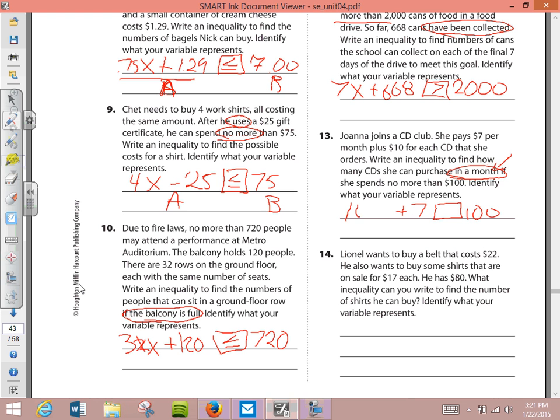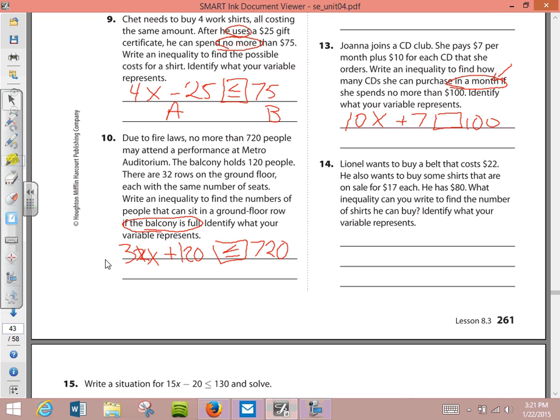So that'll be $10 times X. What is X? Yeah, the number of CDs she buys. It's not hard. Okay, so this side has to be what to $100? No more than, what does that mean? Less than or equal to $100.